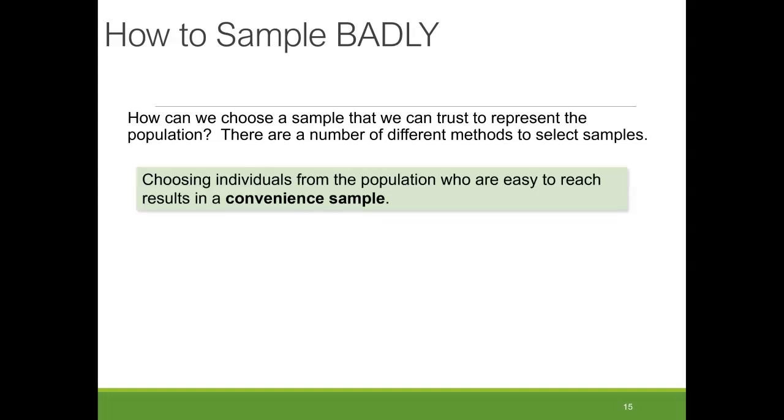Now, in some cases, you just have to do it this way. Like you just don't have the budget to do something different. But you wouldn't like to do it this way, right?